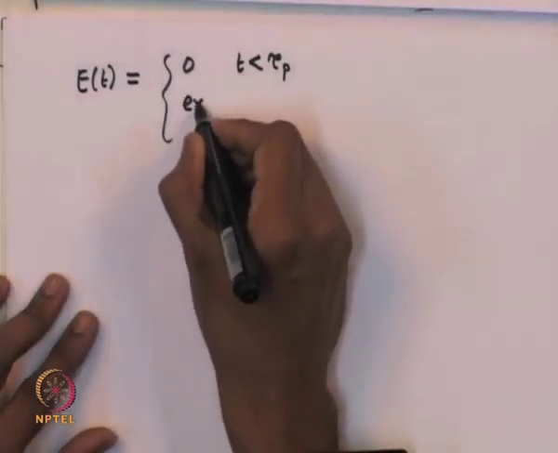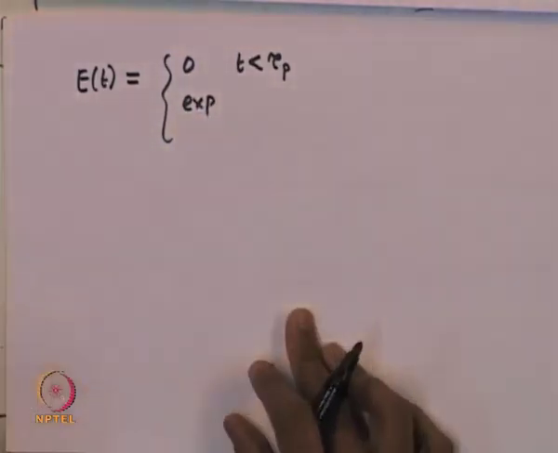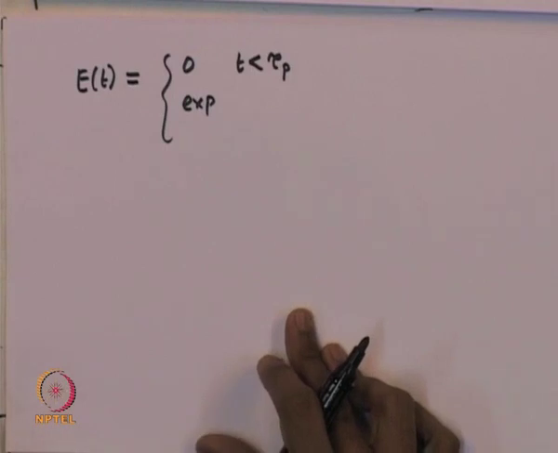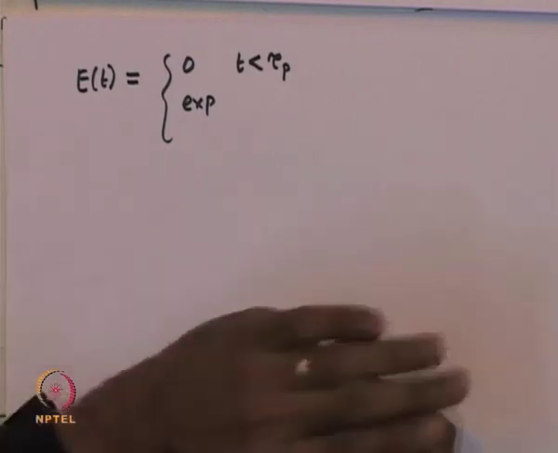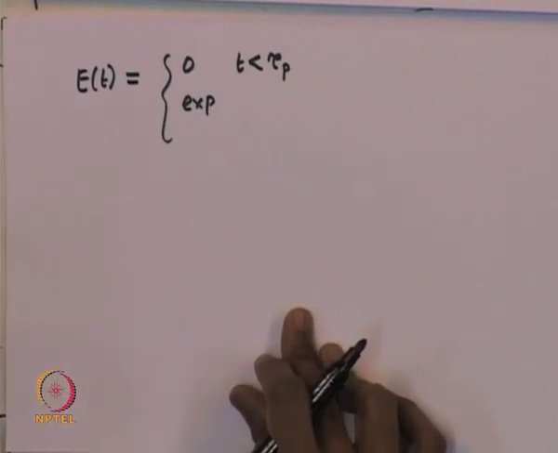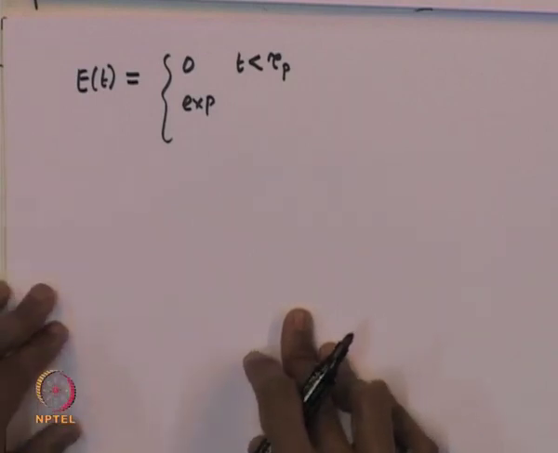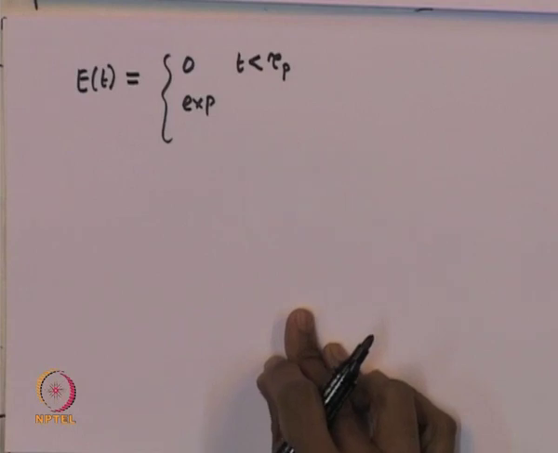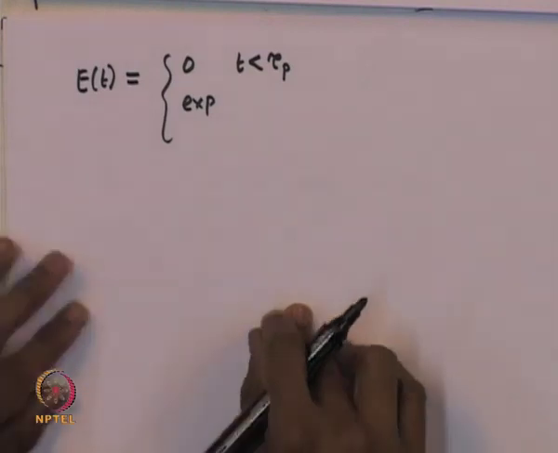And for other times it will simply be whatever the RTD function is for the tracer that goes through the CSTR, simply delayed by the space time of the plug flow reactor. We know the RTD function for the CSTR; we simply have to introduce the delay of the space time of the plug flow reactor.